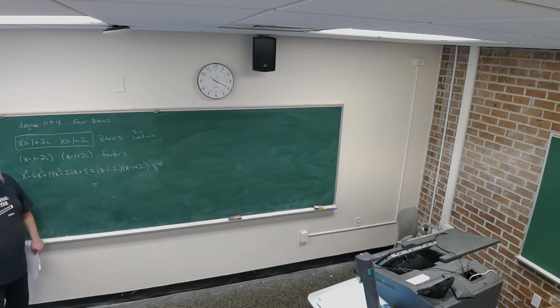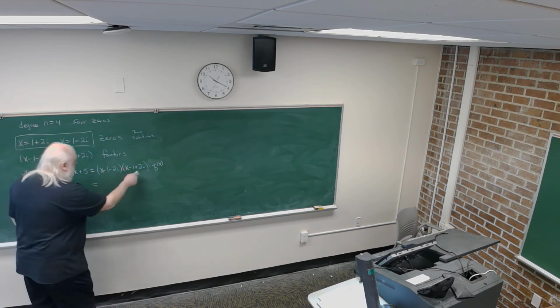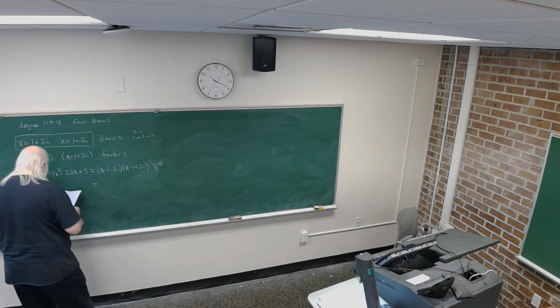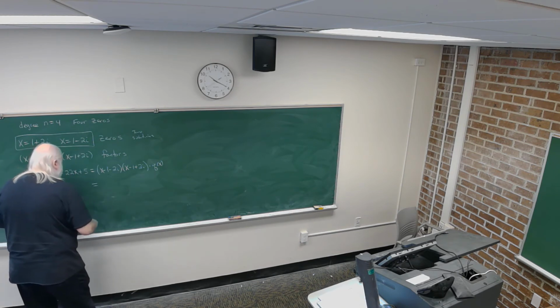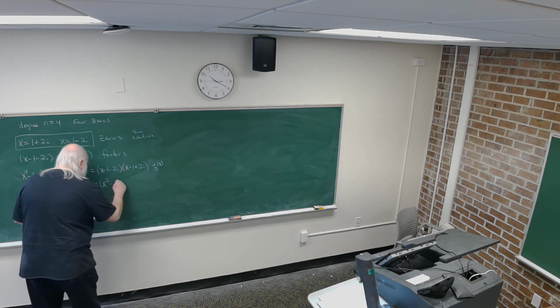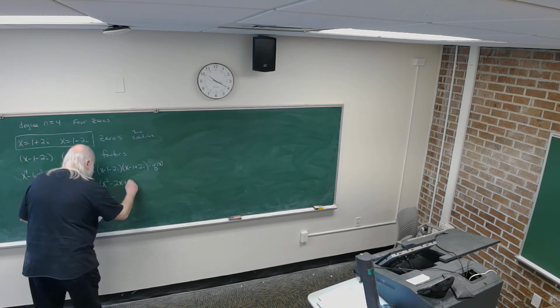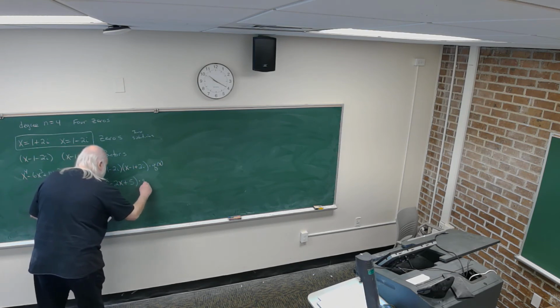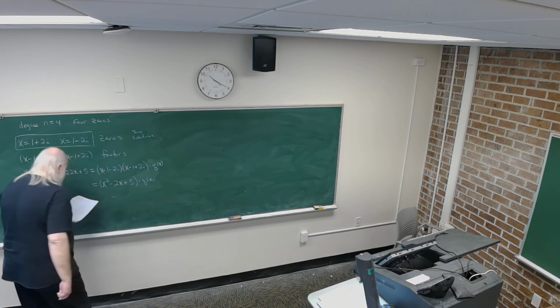You pick the one that works for you. And so when I multiplied out these 2 factors, I ended up with x squared minus 2x plus 5. And that's times the unknown q of x.